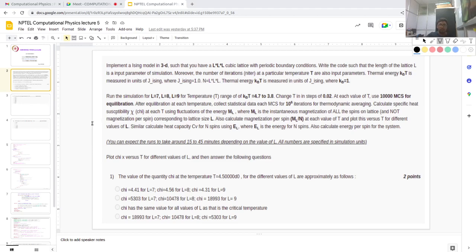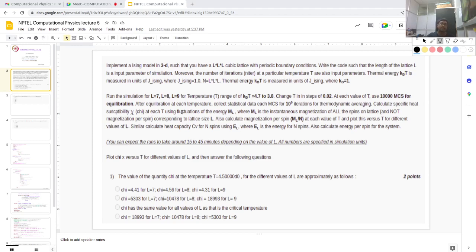And then for the first question, what is the condition? When the temperature is equal to 4.5, then we need the value of chi for that particular temperature. So if this is equal to 4.50, then I am going to print the value of chi for L equals 7, chi 7i.